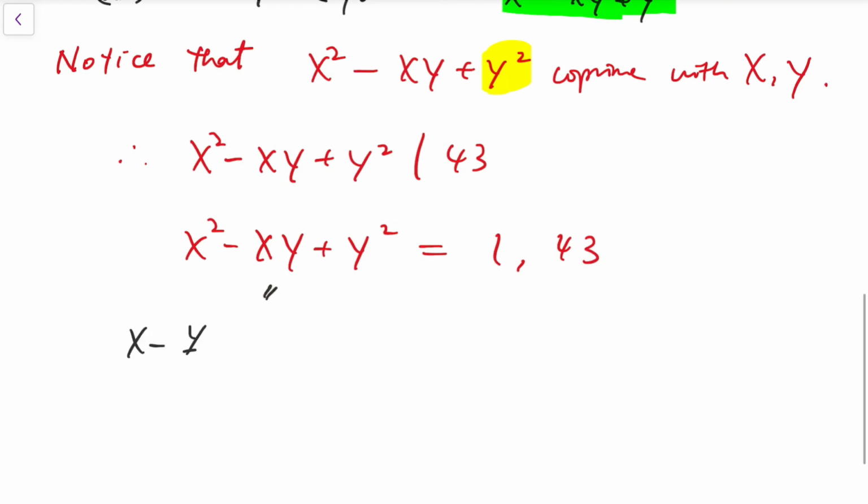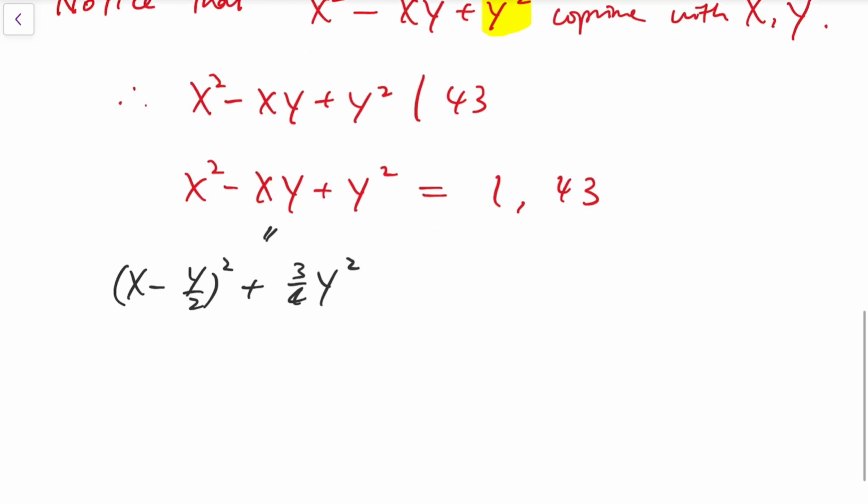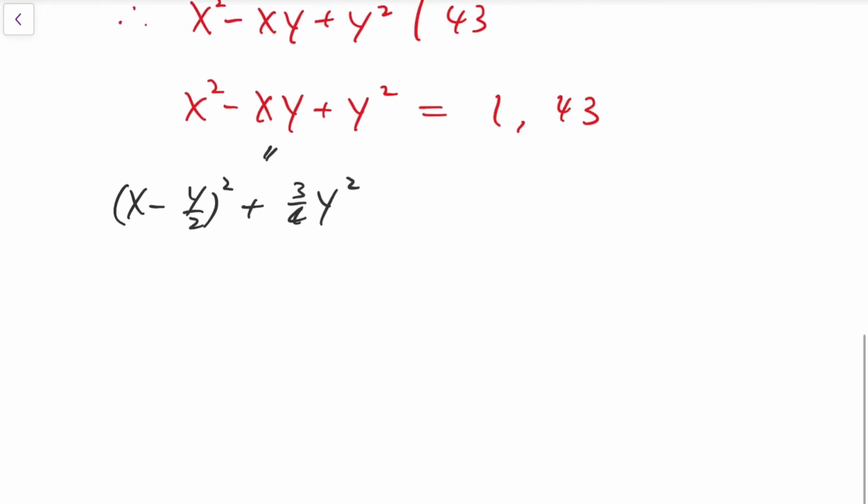One more point to note is that this must be non-negative because I can rewrite it as a perfect square plus a positive number times another perfect square, so it can't be negative. That means it can either be 1 or 43 only.